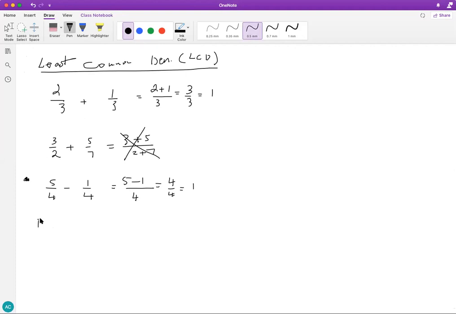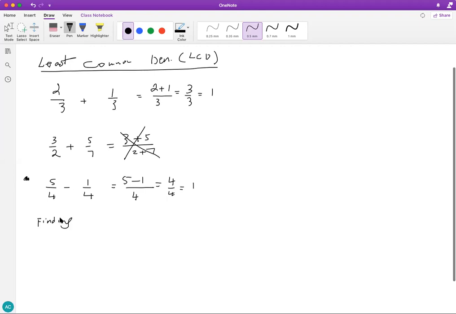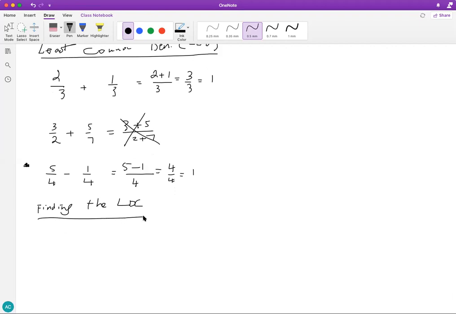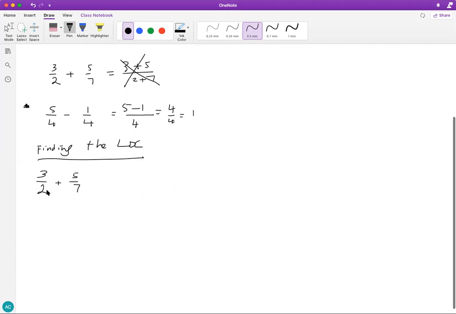So let's say finding the LCD. Let's go back to this specific problem. So 3 over 2 plus 5 over 7. Obviously, we can't add right away because the denominator is not the same. So we need to find a common denominator.